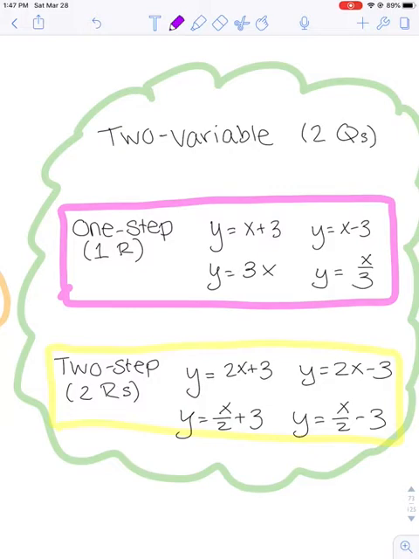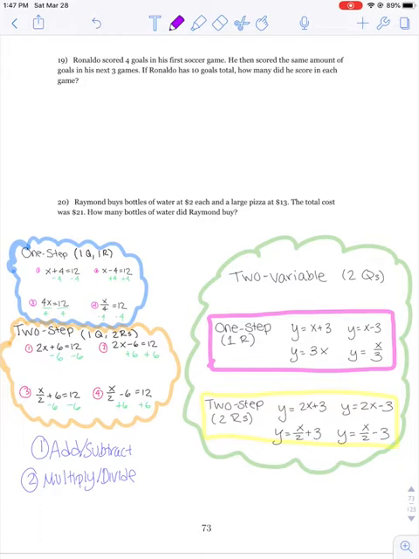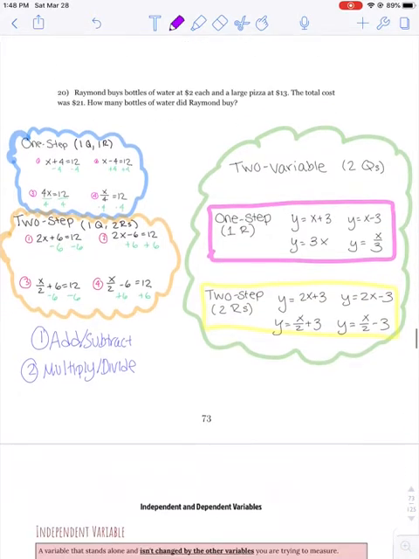They can also look like y equals x over 2 plus 3, or it can look like y equals x over 2 minus 3. These are exactly the same as the ones in the orange cloud, except instead of the 12, there's a y. So there's two mysteries now, two quantities. Feel free to take a screenshot of this so you could refer back to it when it's time to practice.